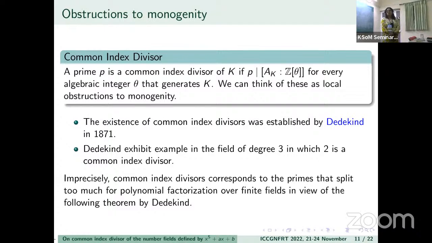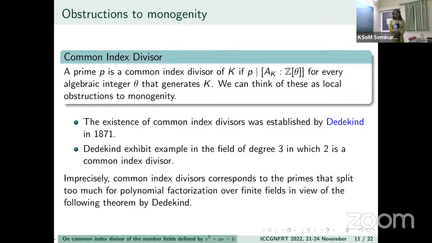Now, if we talk about our second question, when are there some primes which cause obstruction to the monogenity of the field K? I will first give the definition of a common index divisor. A prime p will be called a common index divisor of the algebraic number field K if p divides the group index [A_K : Z[theta]] for every algebraic integer theta that generates K. That means if K is equal to Q(theta) and theta is an algebraic integer, then p will divide [A_K : Z[theta]]. Now, Dedekind was the first who proved the existence of common index divisors.